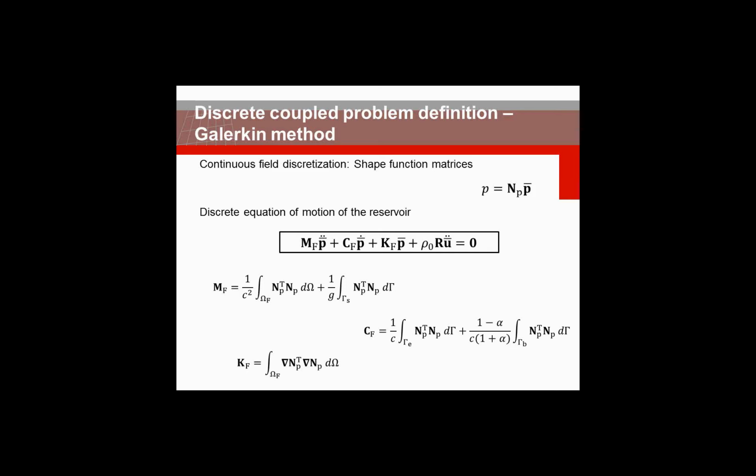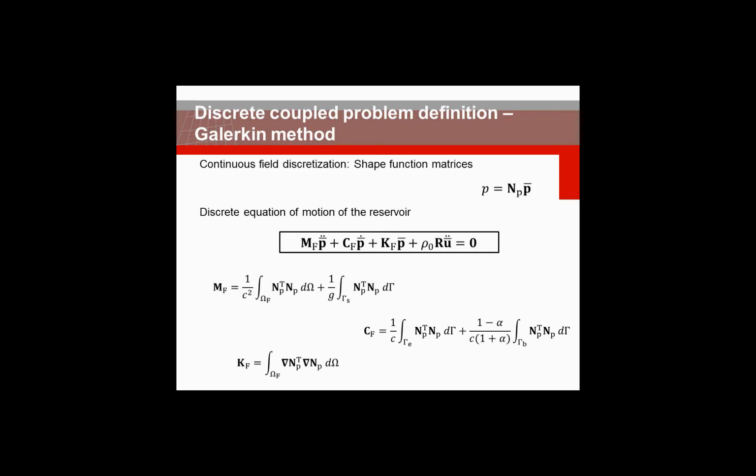And the fourth element in the equation, as you can see, is the element that defines the interaction with the solid. We can find here that the mass density of the water is multiplied by a matrix R that is called interaction matrix. I'm going to explain what this is, and times the second derivative of the displacement of the dam.